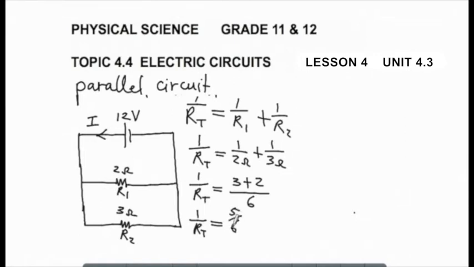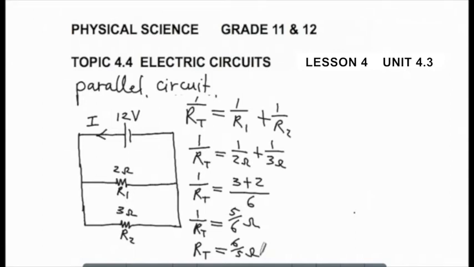Remember, the SI unit here is going to be ohms. The total resistance, which is going to be calculated here, is RT. We take the reciprocal. This is going to be 6/5 ohms.